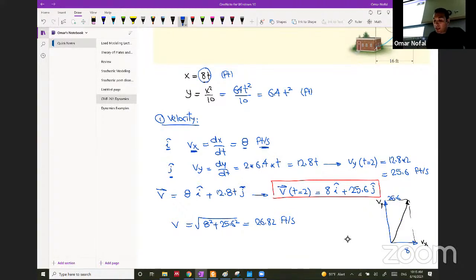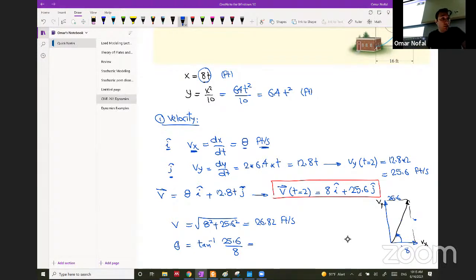And if you want to get the angle theta with the horizontal of this vector, theta will be equal to tan inverse of the y component, which is 25.6, over the x component, which is 8. The tan of this angle is the y component over the x component.